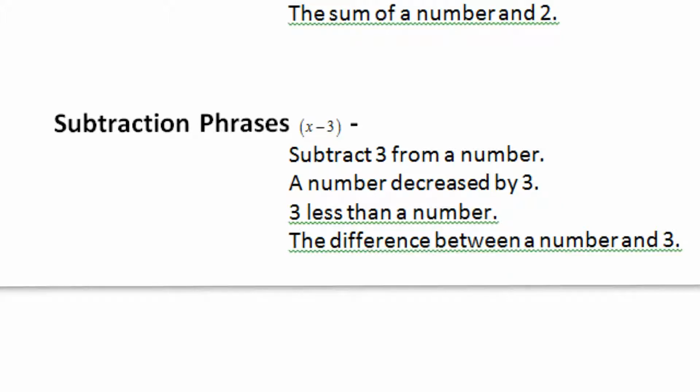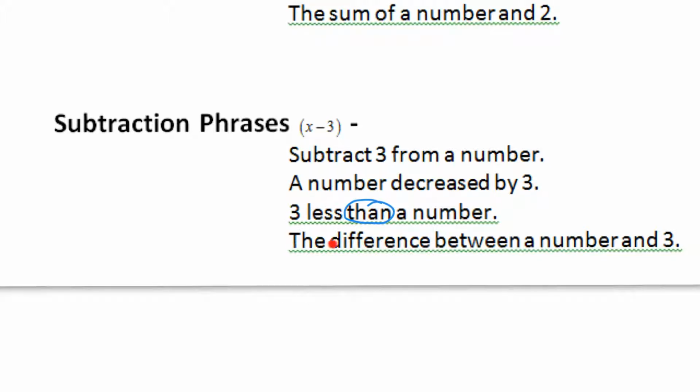And the last type of phrase is subtraction, x minus 3. So you guys have one option, subtract 3 from a number, a number decreased by 3, 3 less than a number. So one more time, there's the word less than. So than means you have to switch the order. So notice we have x minus 3, but here we have the 3 first, less than a number, and that's going to be a variable.